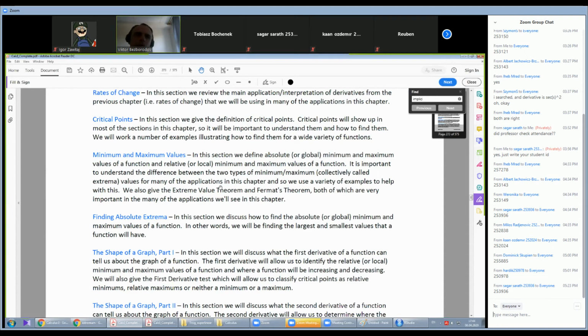You find the critical points, which are the points where the derivative is either 0 or does not exist, and then you evaluate the value of the function at those points. It's not too difficult.